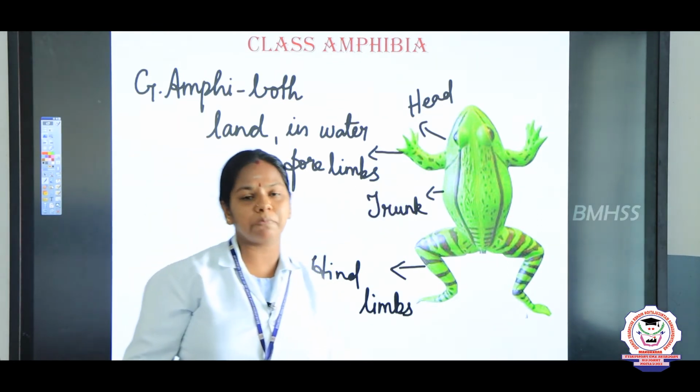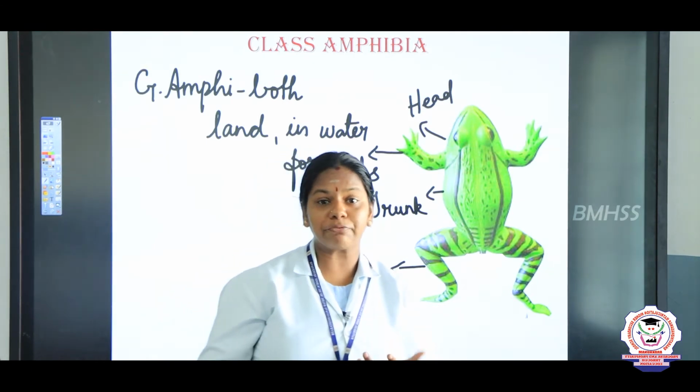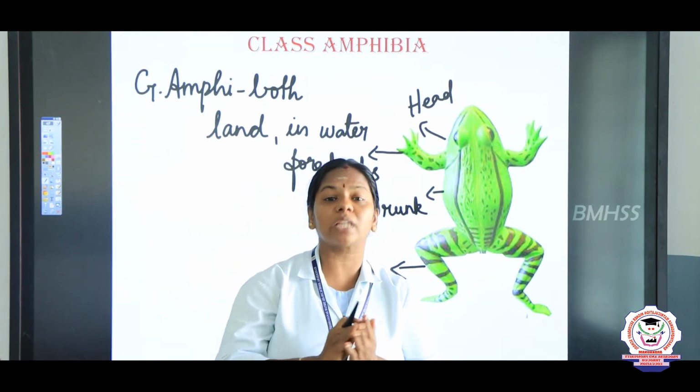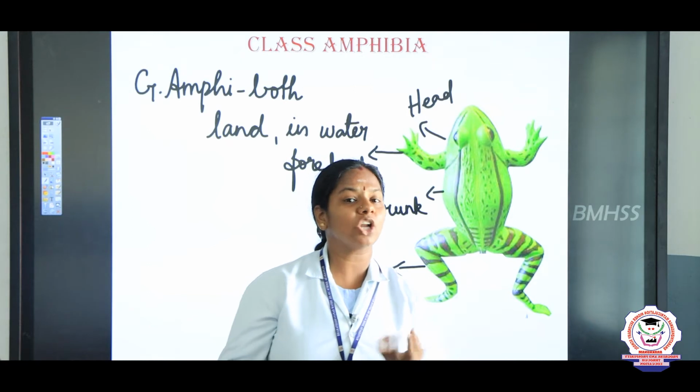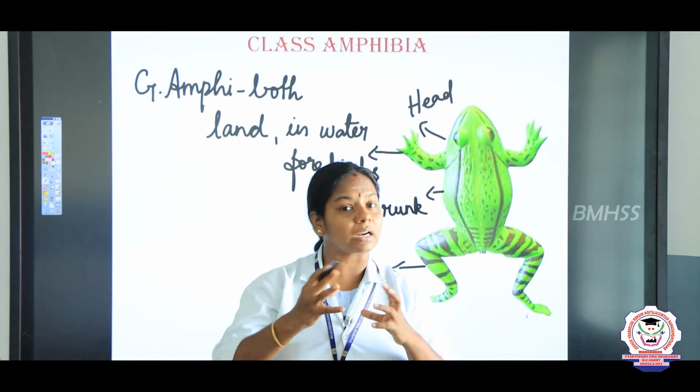Now we can see about the skin. In some amphibians, for example the tree frog, which we call Therai in Tamil, the skin is very smooth and moist. But if you see a normal toad, which we see in brown color, the skin is rough.